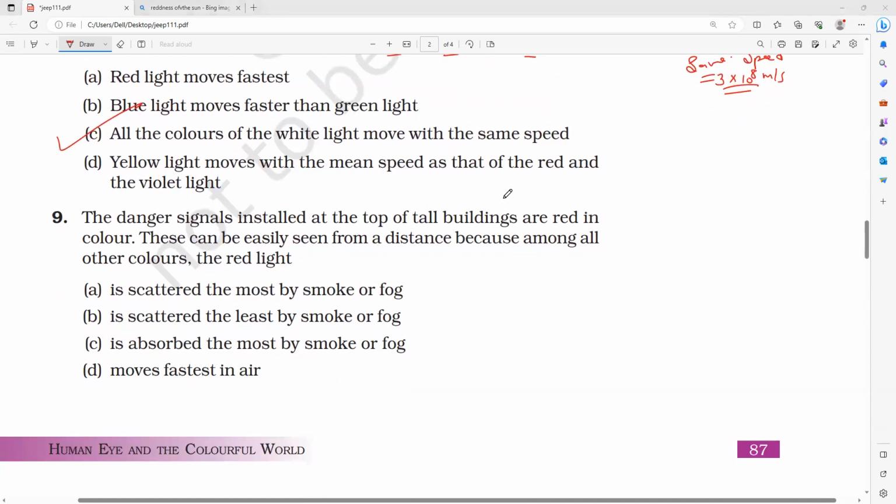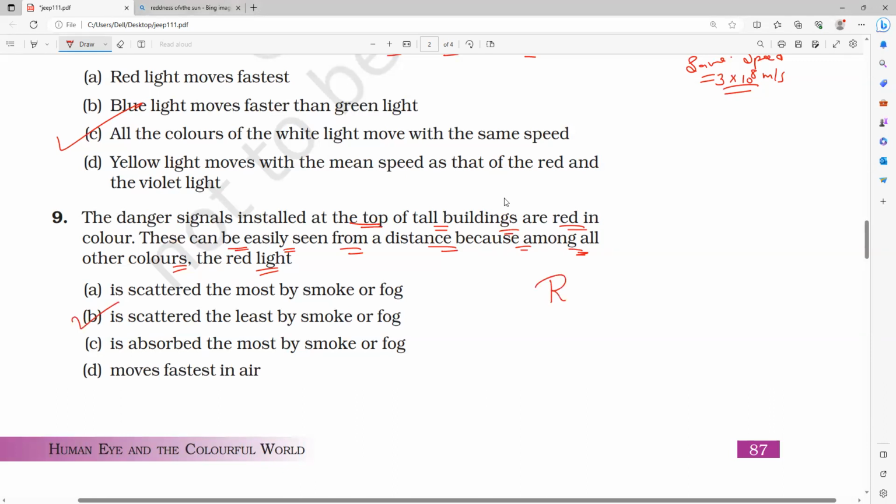Next, the danger signals installed at the top of tall buildings are red in color. These can be easily seen from a distance because among all the colors, red is the least scattered by smoke or dust particles.